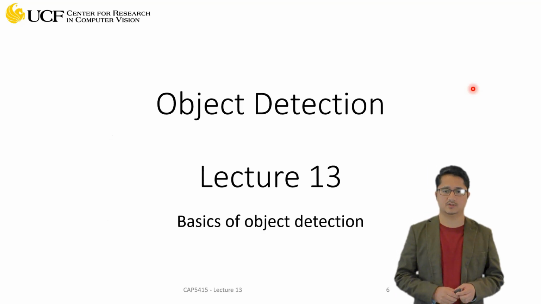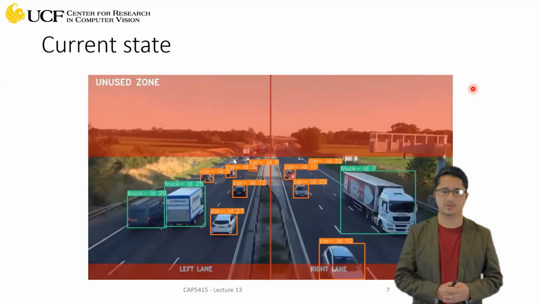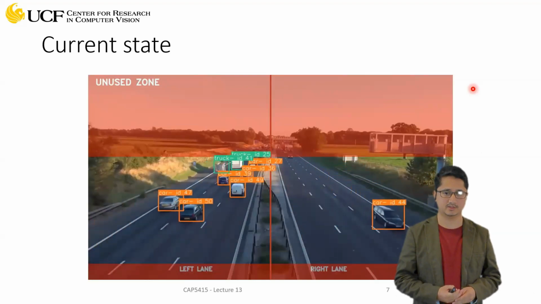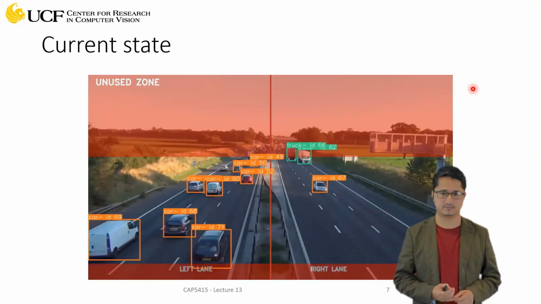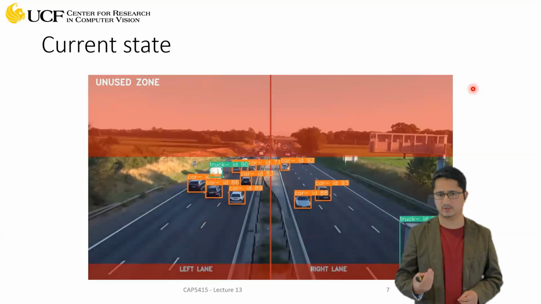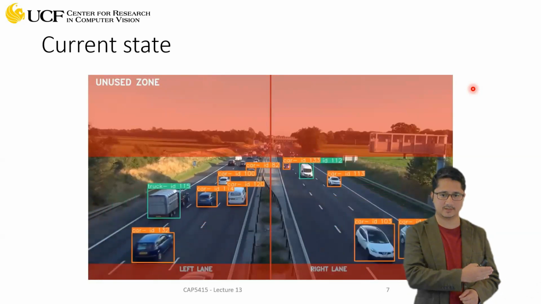Okay, so let's start with the basics of object detection. Before we start, let me give you some nice results which we can actually get today using these deep learning algorithms. I'm showing you a video which is a surveillance video, and this is a state of the art algorithm.